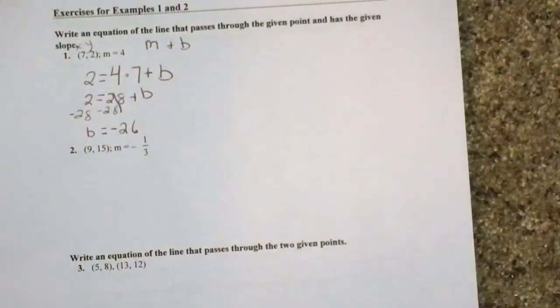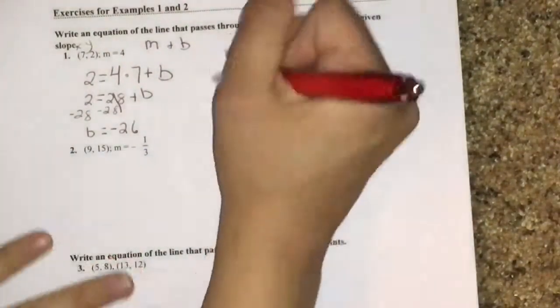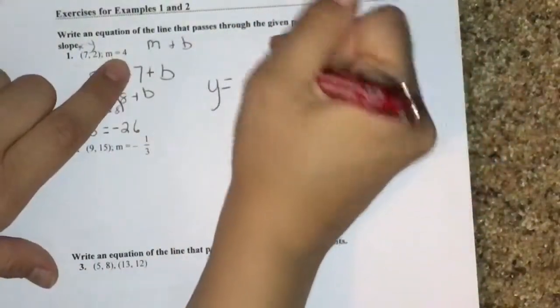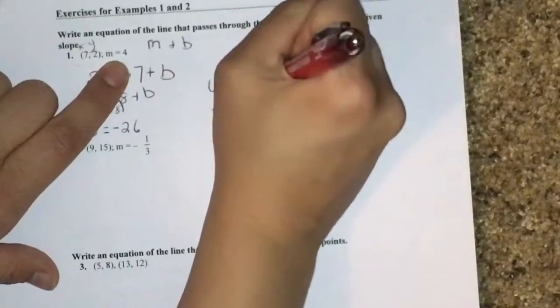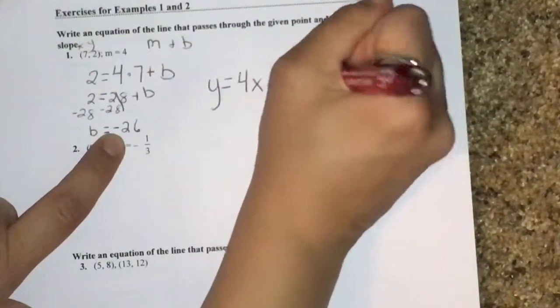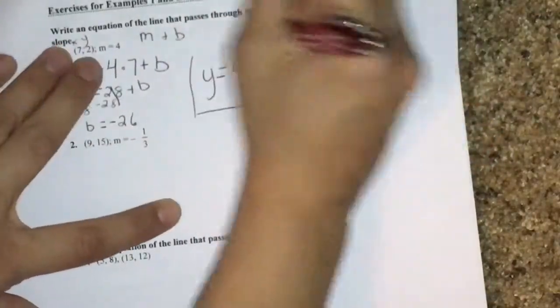Now I have enough information to write my equation. My slope that they gave me was 4, and my y-intercept, what we found, was negative 26.